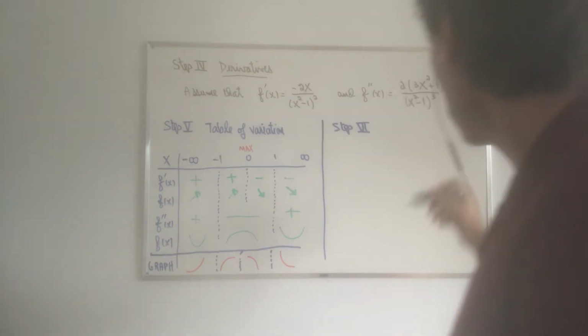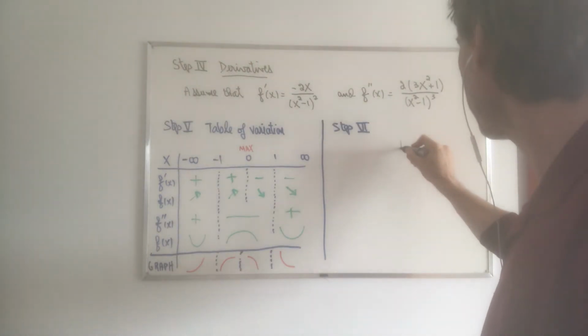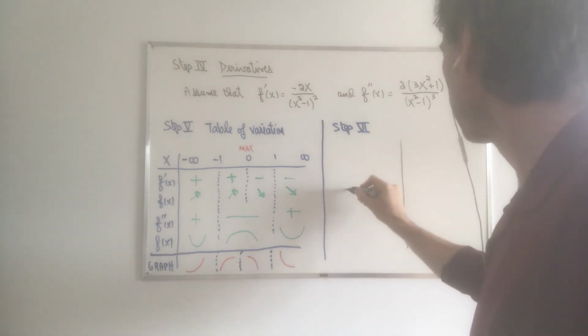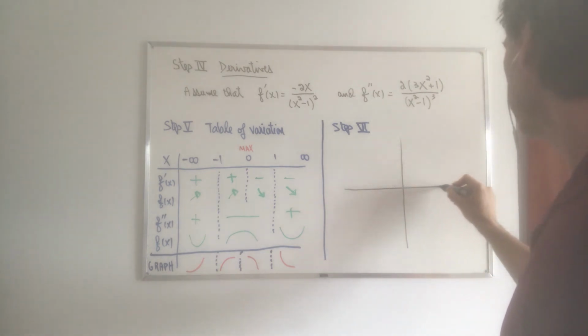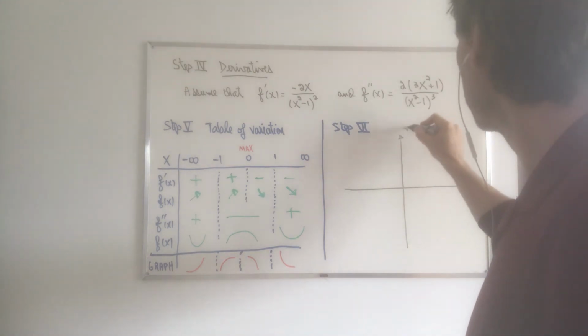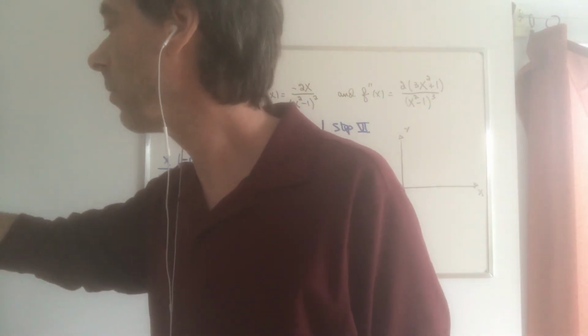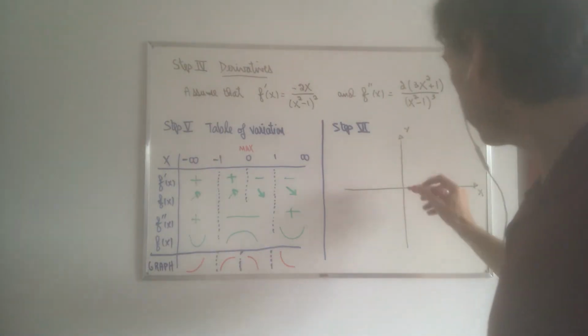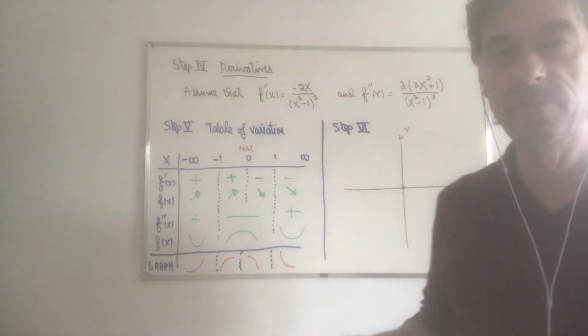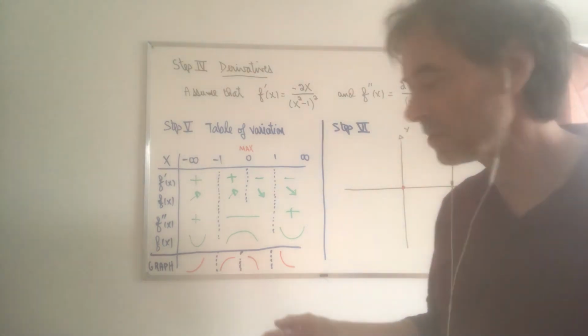Hello. What's going to be the graph of this guy? Here's a y-axis. Here's an x-axis. Okay. We are going to put a couple of points that we know. Why do we know that 0, 0 is actually a point on the graph? Because it's the x-intercept and the y-intercept.